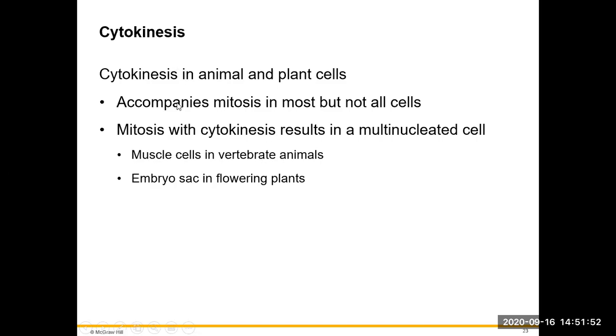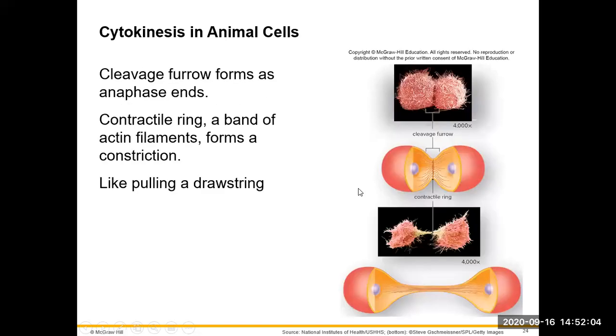Examples of multinucleated cells are a muscle cell in vertebrate animals, or the embryo sac in flowering plants.